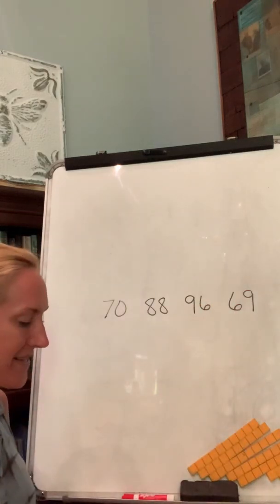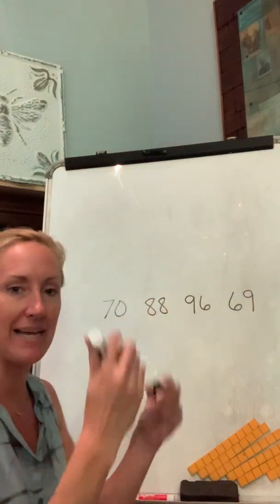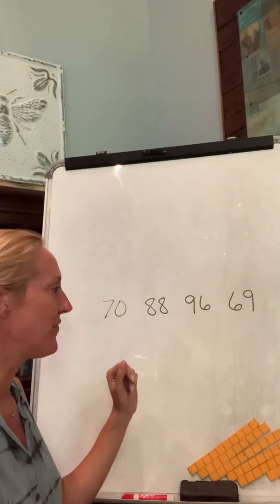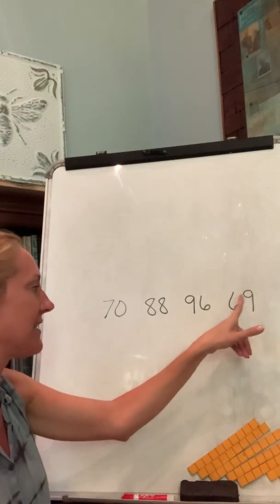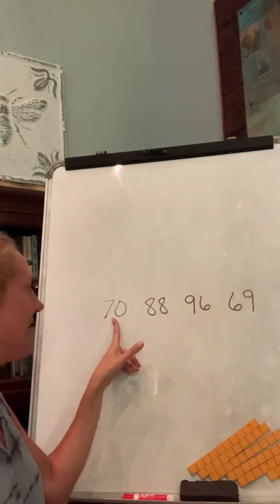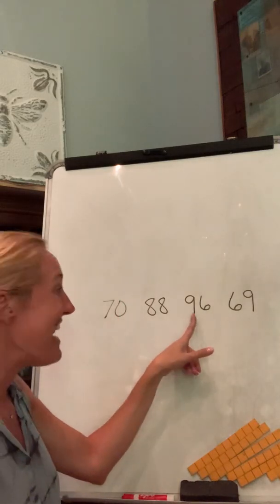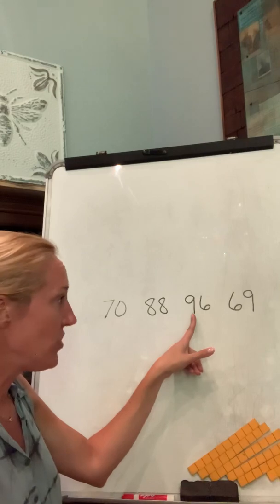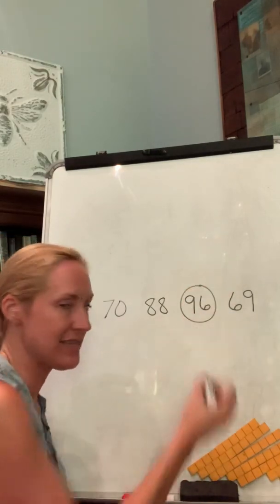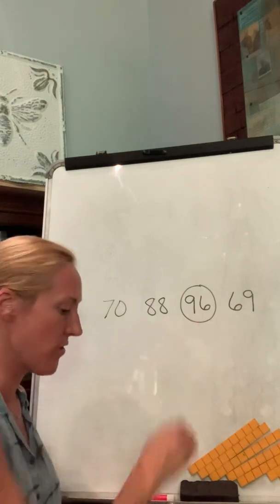And it says, which one is the greatest or biggest number? Well, if we're counting 10, 20, 30, 40, 50, 60, 68, 69. Okay, we got to this number first. 70, 80, 90, 91, 92, 93, 94, 95, 96. 96 is the greatest number out of those 4 numbers.